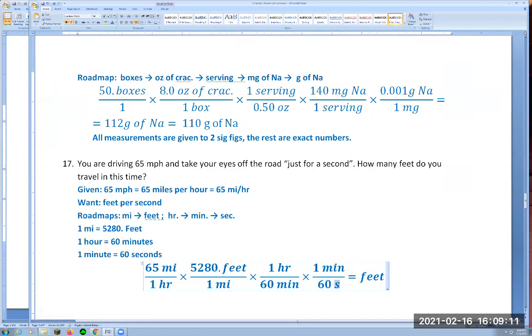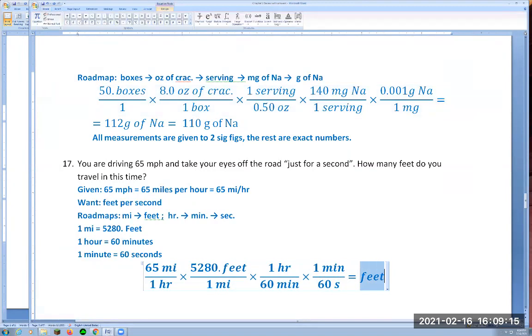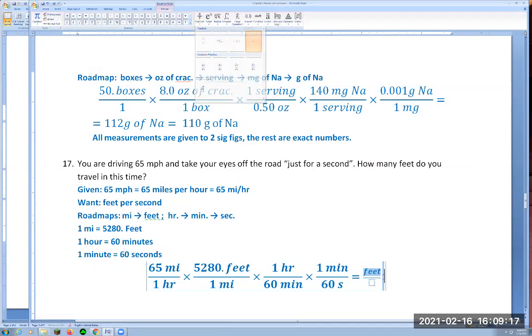So it's going to be feet. And so let me write this properly. It's going to be feet per second, and that's what we want, right? Because the miles cancel, the hours cancel, and the minutes cancel. And we're left with feet per second.